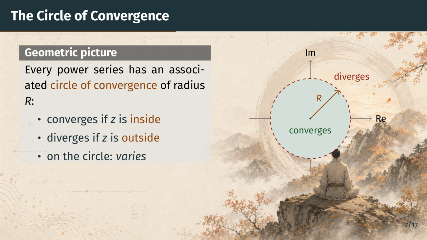Convergence can therefore depend only on that distance, and that is exactly what carves out a circle. On the circle itself, the behavior is delicate and can go either way, so we leave that boundary case aside for now. At the extremes, the disk may have infinite radius, meaning convergence everywhere, or radius 0, meaning the origin only. Next, the theorem that computes r.